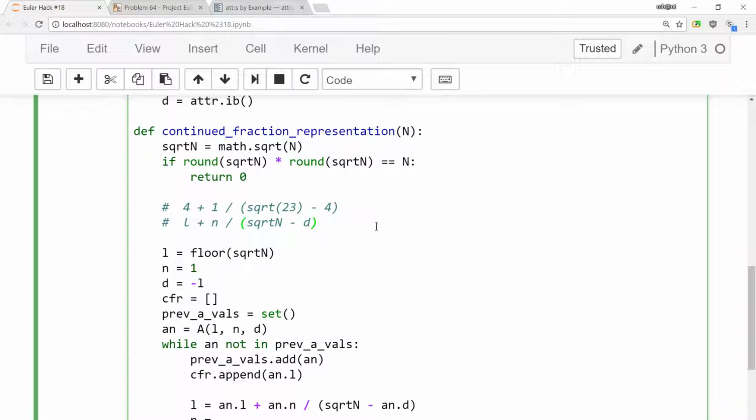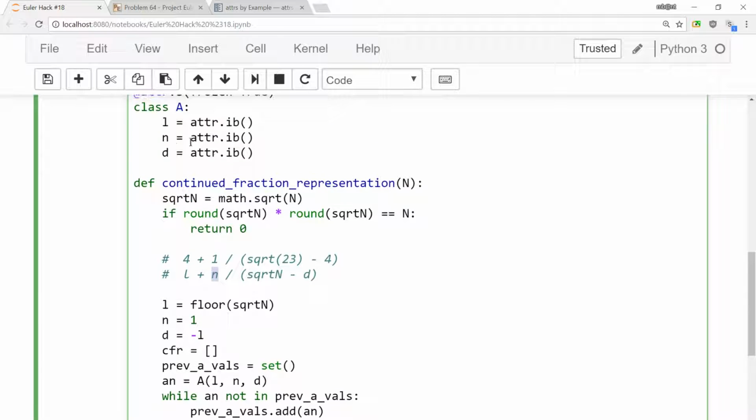I don't know, if you have better names, then we can pick something else. N shouldn't be the numerator. Okay. So in this case it will be 1.